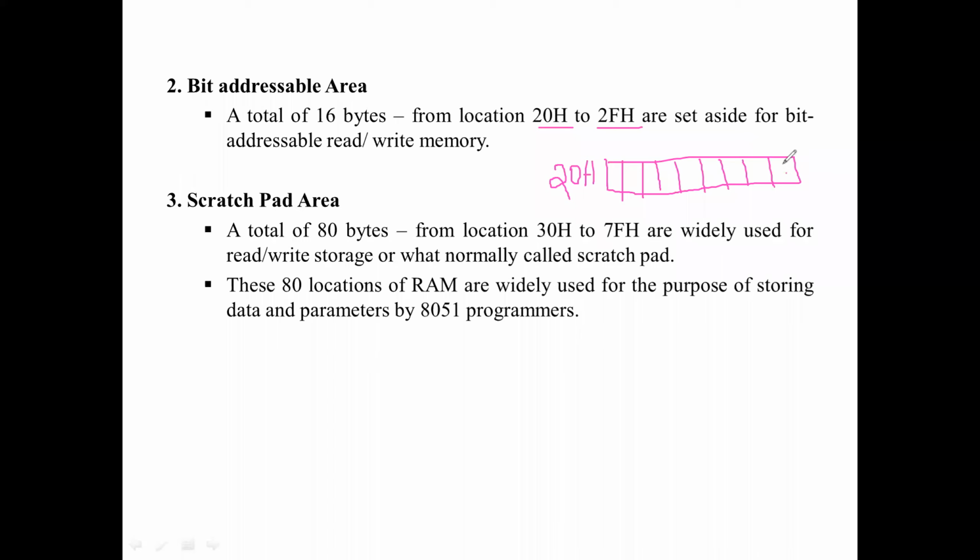This particular 1 bit, that is 1 or 0, can be set or reset. That is, this particular bit we can control by providing 1 or 0. That is bit addressable.